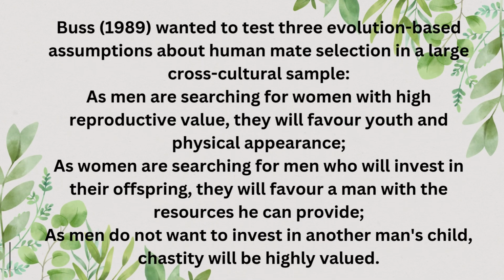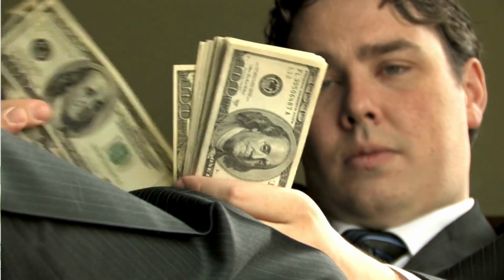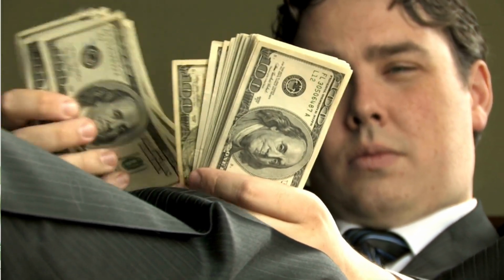There was this study by Buss, 1989, who wanted to test three evolution-based assumptions about human mate selection in a large cross-cultural sample. As men are searching for women with high reproductive value, they will favor youth and physical appearance. As women are searching for men who will invest in their offspring, they will favor a man with the resources he can provide.